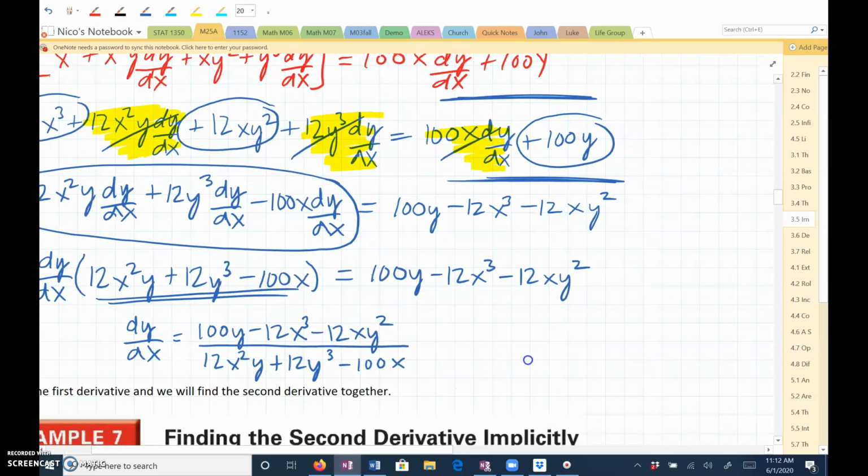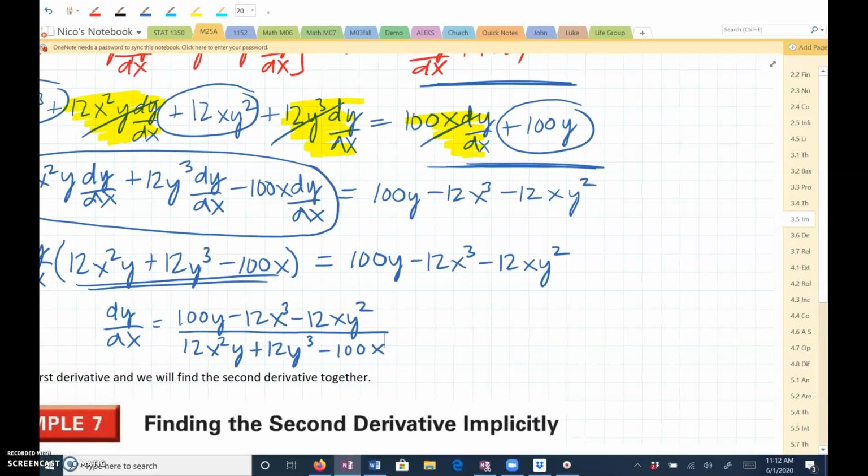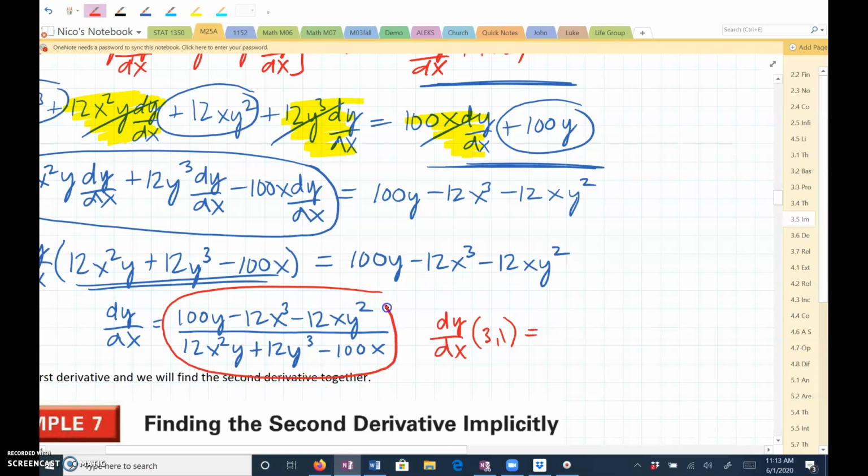And now what the problem wants us to do is find the slope, which is dy/dx, at the point (3, 1). So we need to plug in 3 for x all the way through this derivative and 1 for y.